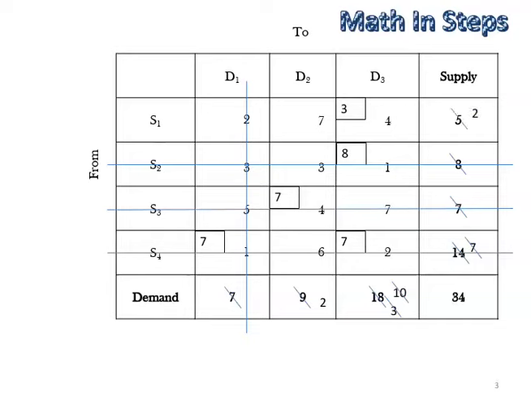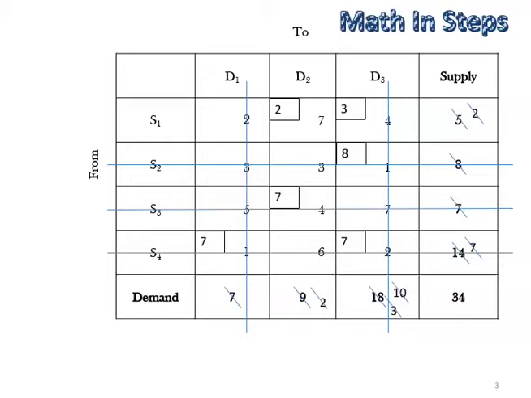Now we are left with the last cell. For the last cell S1D2 with cost 7, the supply is also 2 and demand is also 2, as the problem was a balanced problem. So we'll allot 2 at this particular cell, and with this all our allotments are complete.